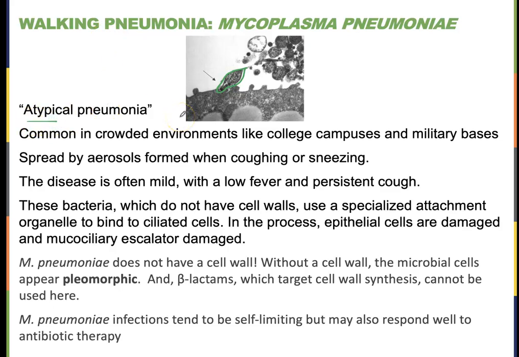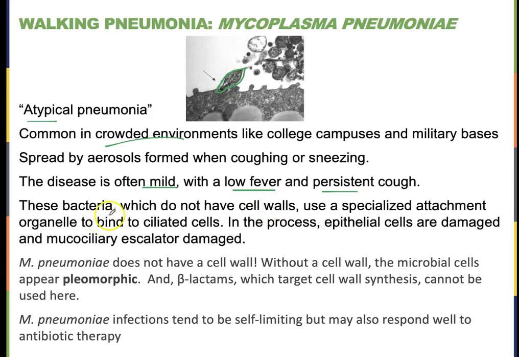It's a slow, semi-severe disease. It's passed by droplets, and it's very common in crowded environments, college campuses, military barracks. It's often mild, with a low fever and persistent cough, but it's called walking pneumonia because you can get up and walk around. You might be able to do some work or attend class, but you're going to be tired and weak from it.